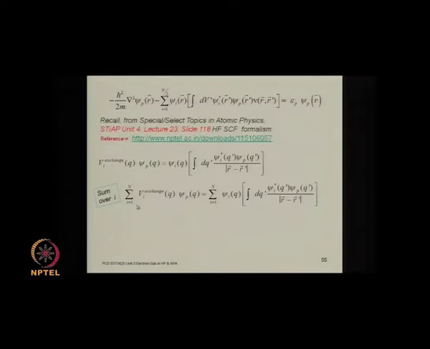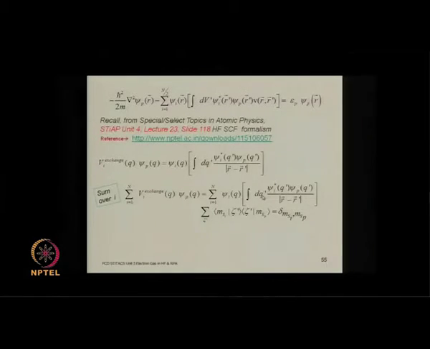So, you sum over all the n electrons, you carry out the corresponding sum on the right hand side, and in the right hand side you have got this integration over q prime. Integration over q prime again includes integration over 3 space variables and discrete summation over the spin variable.